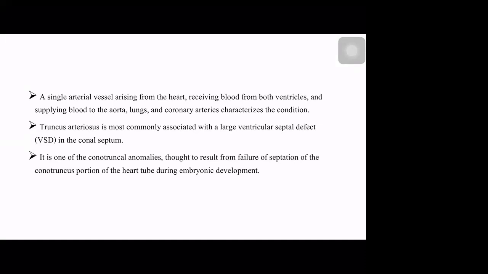It is one of the conotruncal anomalies thought to result from failure of septation of the conotruncus portion of the heart tube during embryonic development. Difficult to understand, but when I discuss the embryology of development of truncus arteriosus, this concept will get clear.